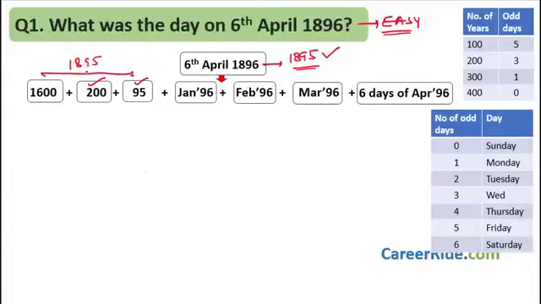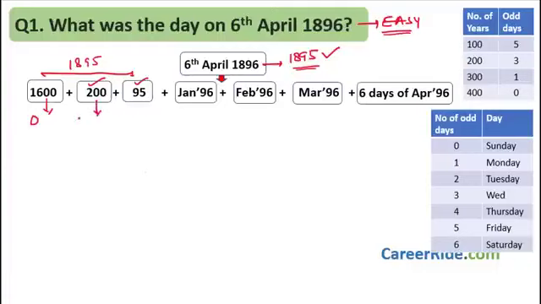I'm doing this because I want to apply the concept of odd days that I have learned already. Since 1600 is a leap century year, it will have 0 odd days, right? And how many odd days are there in 200 years?